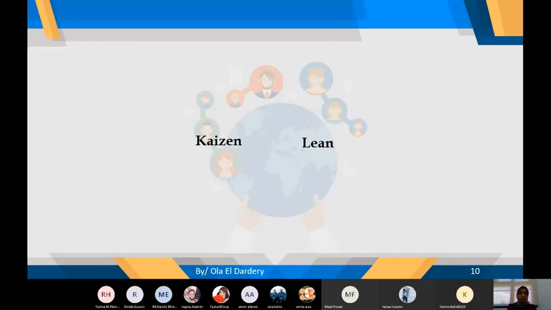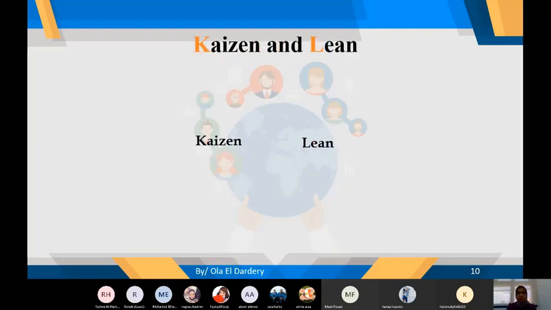Actually, most of the books talking about Lean talk about Kaizen and vice versa. And we have in the references as well a book titled Agile and Lean Concept for Teaching and Learning. So it's Lean as well. It includes the Kaizen methodology, because together Lean and Kaizen are very related and very similar.